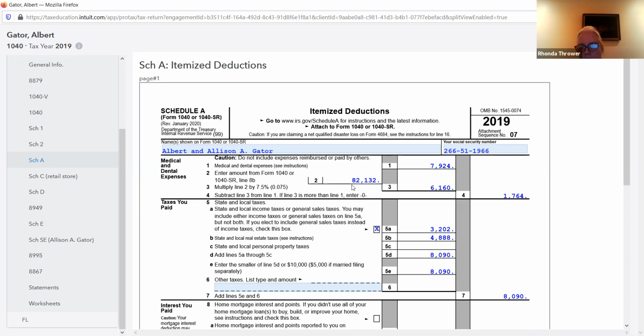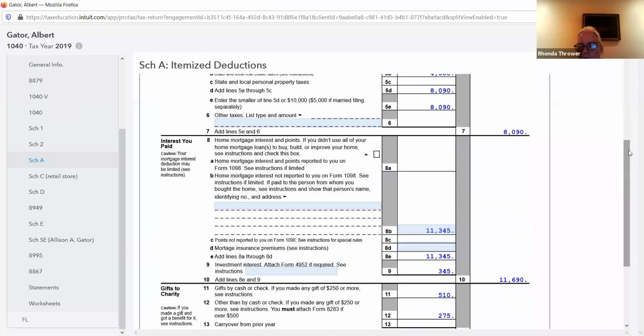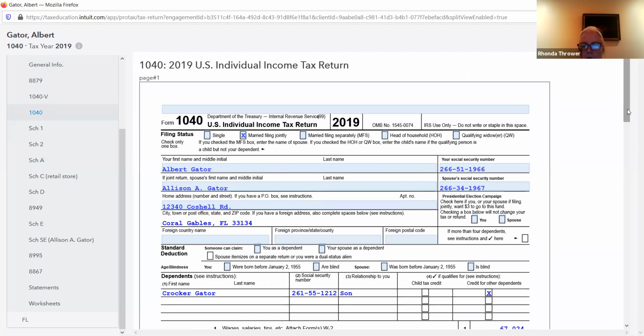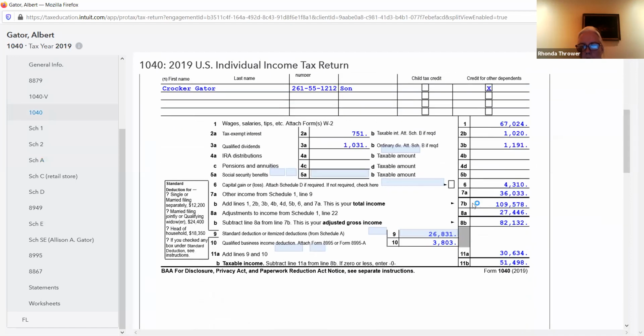So this will change in this chapter. If this changes, it's going to make this change, and then this will change. And then, of course, the total down here would change. These are itemized deductions that will end up on the 1040 form. So your itemized deductions go in right here.